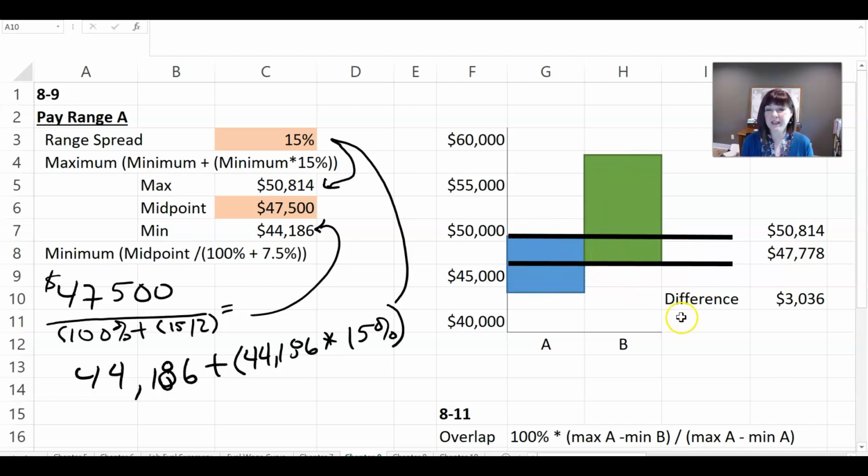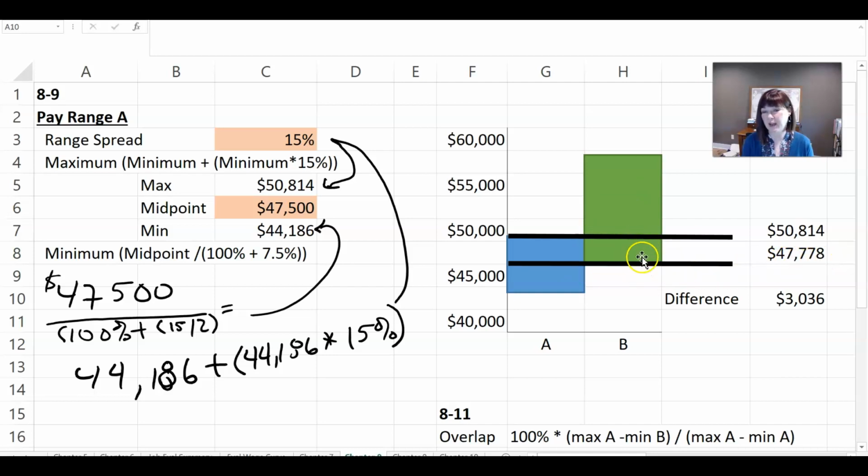The formula our book gives us is 100% times the maximum of A, which is this line here, that 50,814 maximum, minus the minimum of B. This is the minimum of B right here, that 47,778.